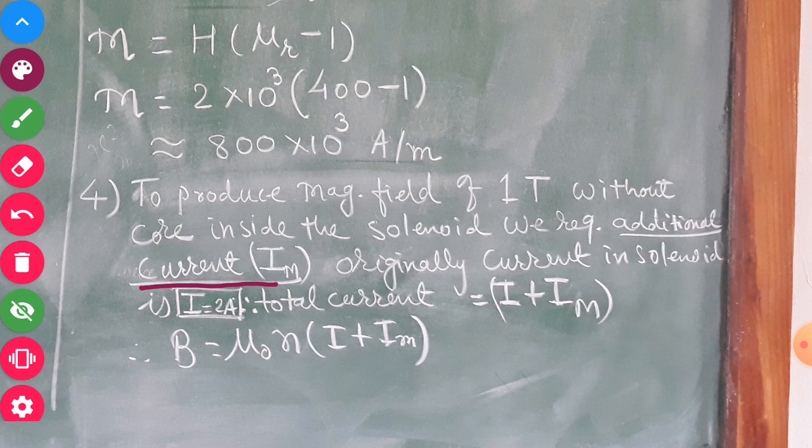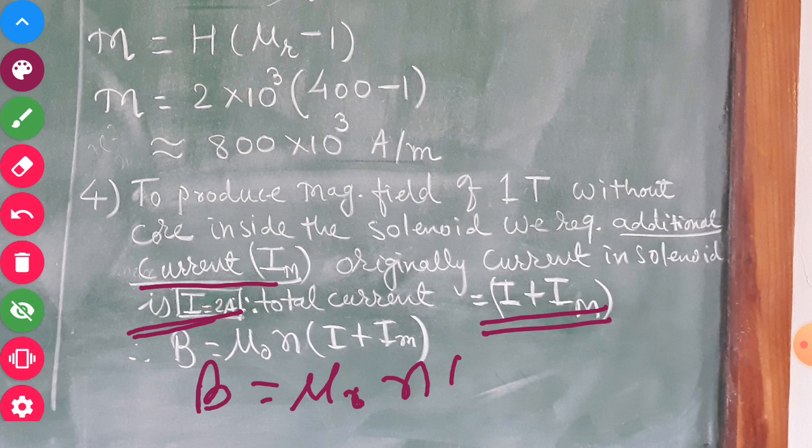Originally the current in the solenoid was 2 ampere. So now the total current will become 2 plus the additional current Im. So the magnetic field inside the solenoid is B is equal to mu 0 N i, but instead of I we write I plus the additional current Im.